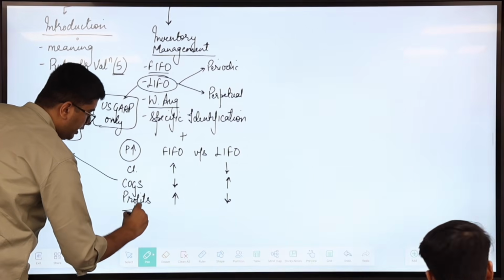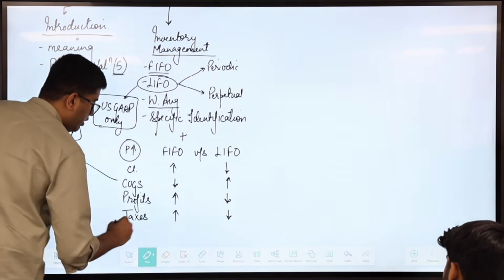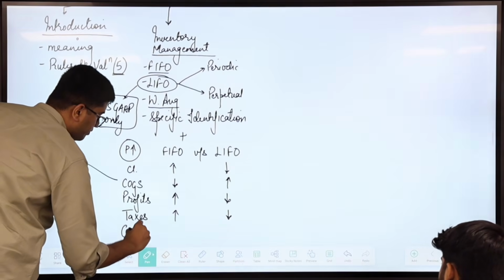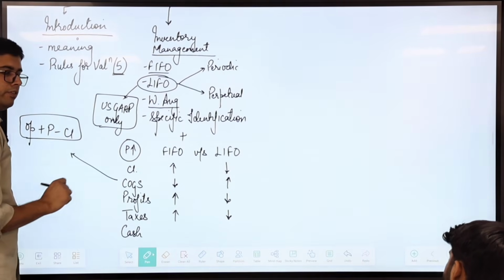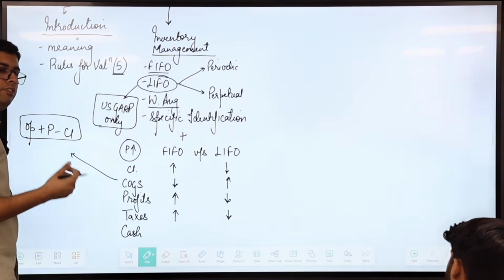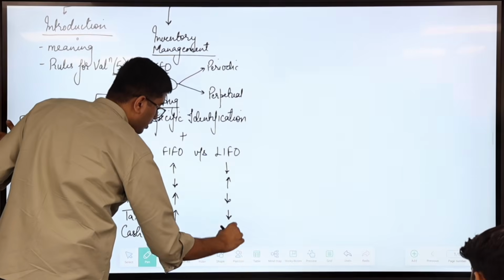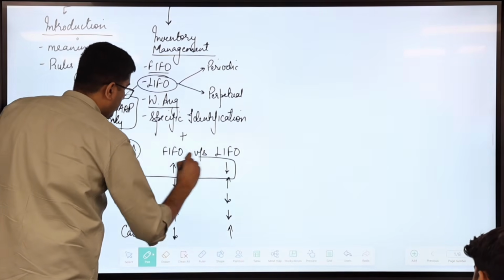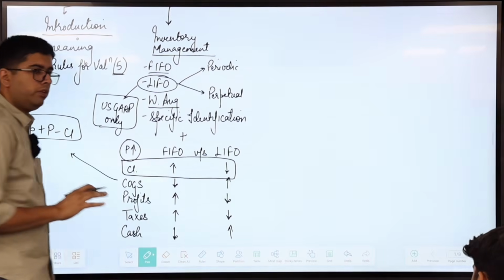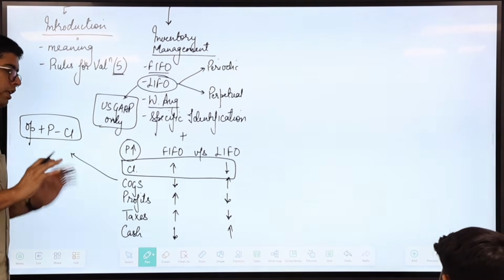Taxes are directly related with profits. Cash will be inversely related with taxes. If you're paying a lot of tax, the cash that is available with you will be comparatively less. So as long as this first column is clear logically, you don't need to cram this. This can be constructed in your mind in the exam.